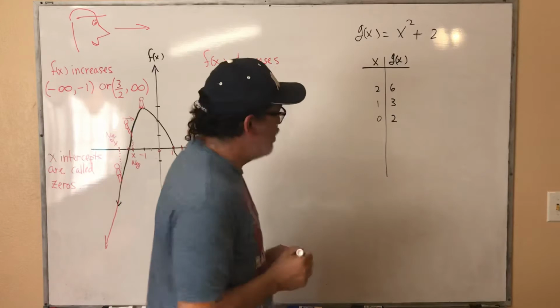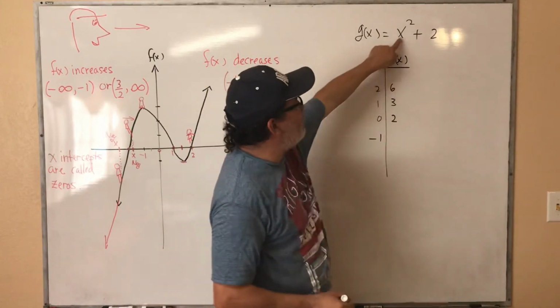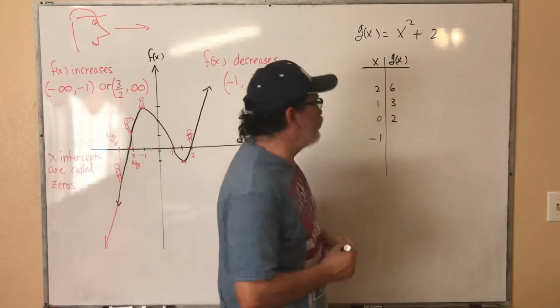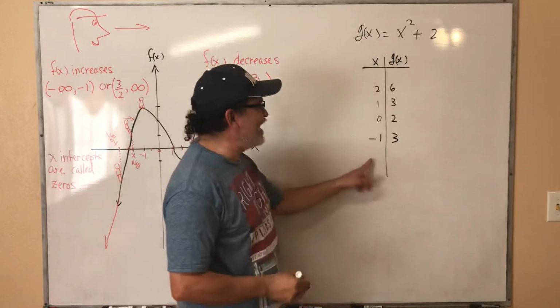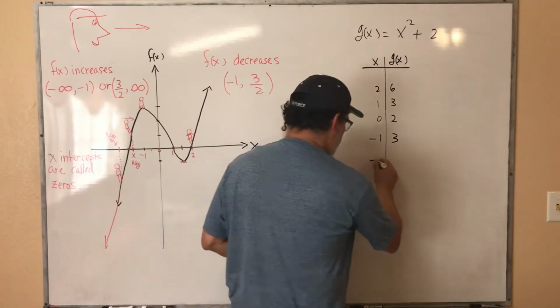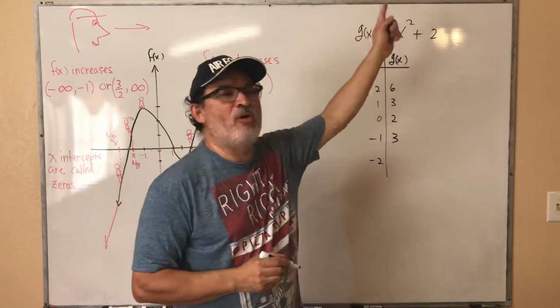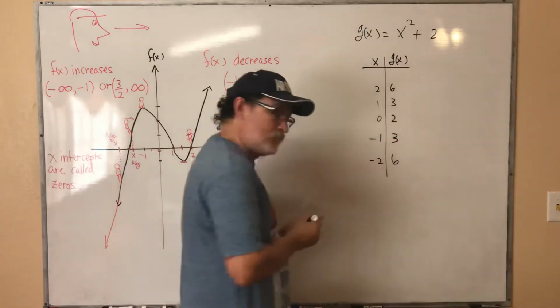Okay. When x is negative 1, what's negative 1 squared? 1. Plus 2, 3. When x is negative 2, what's negative 2 squared? 4. Plus 2, 6. Okay.